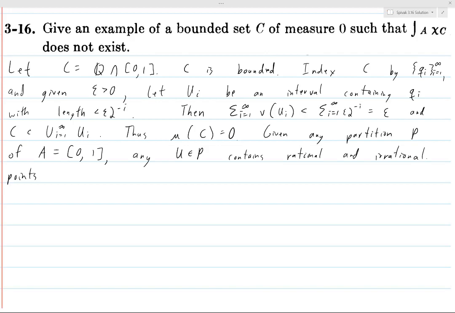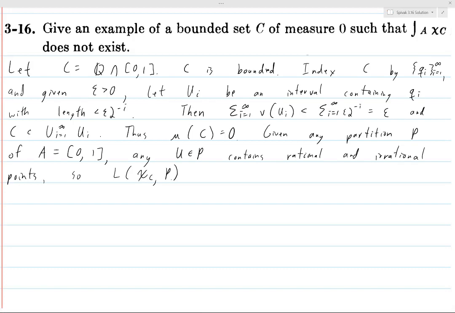So any closed interval in this partition, because we're taking intervals of positive length, is a closed interval from a to b, where a is strictly less than b. Any such interval will contain both a rational and an irrational point. The rational point will be in C, and the irrational point will not be in C. So if we look at the lower sum of chi c and P, then to compute this lower sum, for any set in this partition you need to take the infimum over all points.